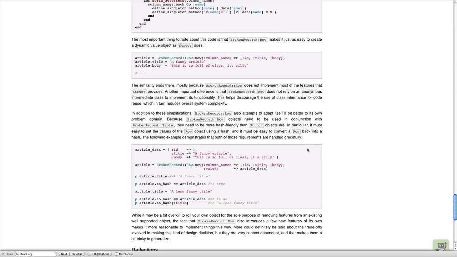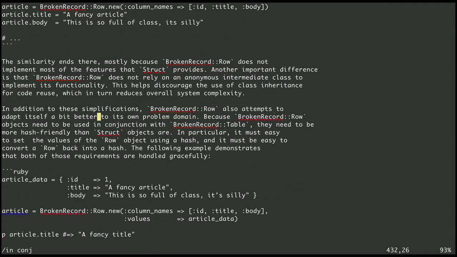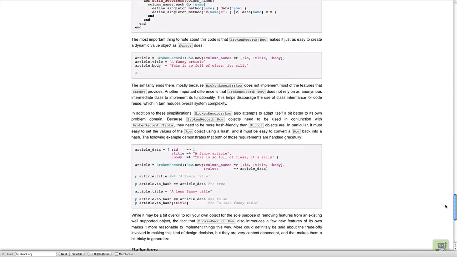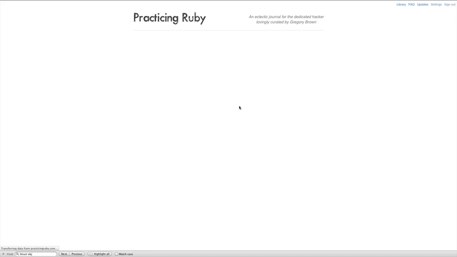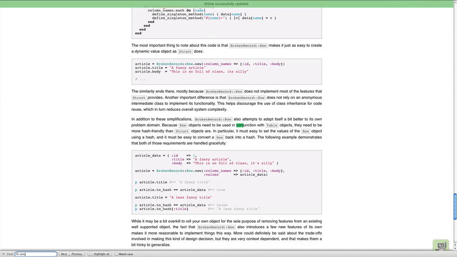they need to be more friendly. Because row objects need to be used in conjunction with table objects, they need to be more hash friendly than struct objects are.